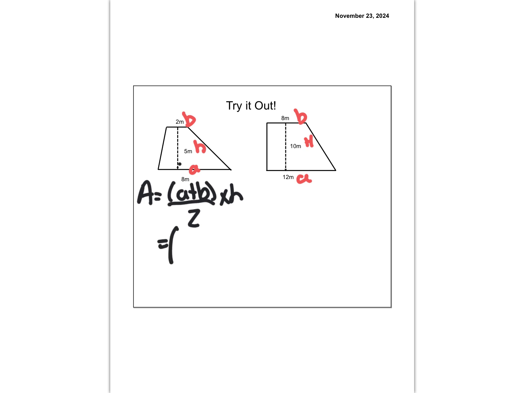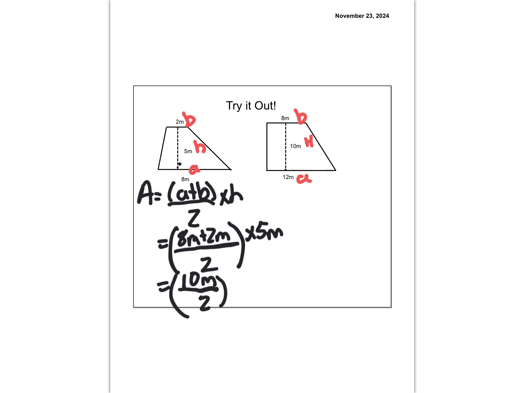So I'm going to do 8 meters plus 2 meters divided by 2 times the height, which is 5 meters. 8 plus 2 gives me 10 meters divided by 2 times 5 meters, which when I divide that through, I get 5 meters times 5 meters, and I get 25 meters squared.